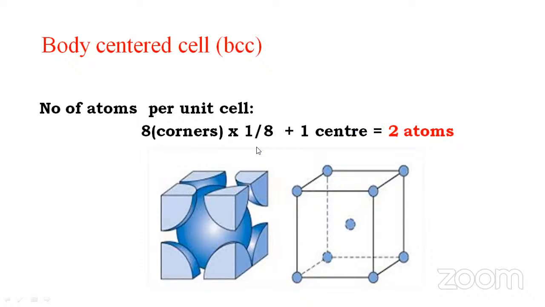So total 1 atom from the corners and 1 atom at the center. The total number of atoms present in body centered is 2. If anyone asks how many atoms are present in body centered: body means the atom is present at the center, and the common thing is the corners. So 1 plus 1, it is 2 atoms.